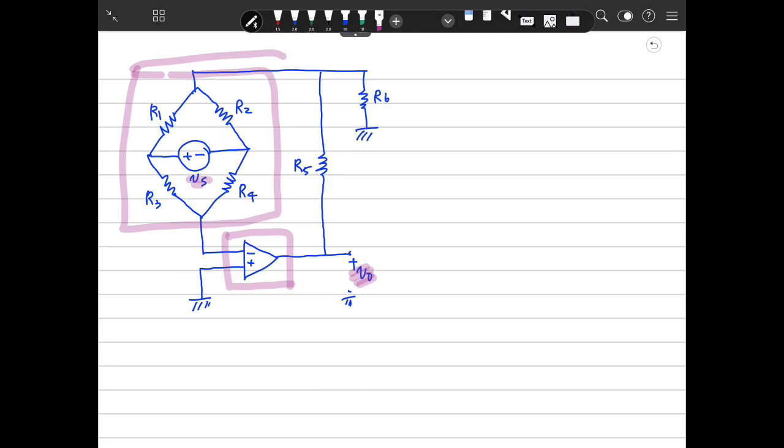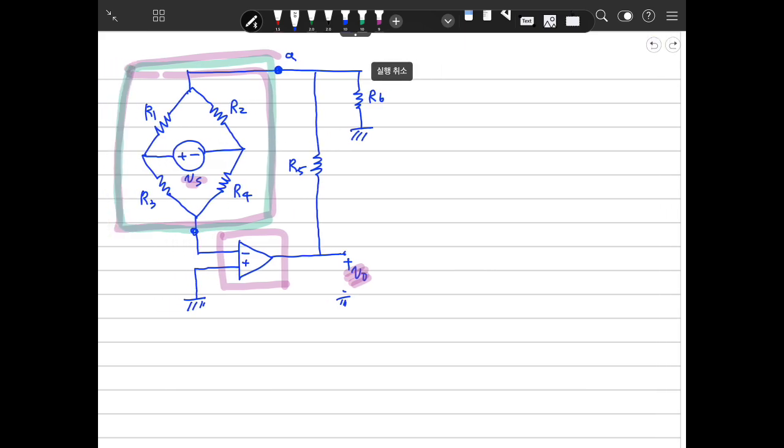Before analyzing the op-amp, we need to simplify the other circuit at first. So I'm trying to simplify this part first. Redraw this again. That looks like, we define this as A and this as B. Redraw this again.